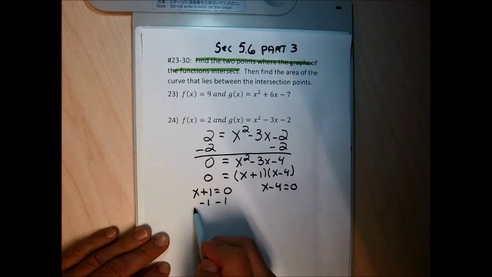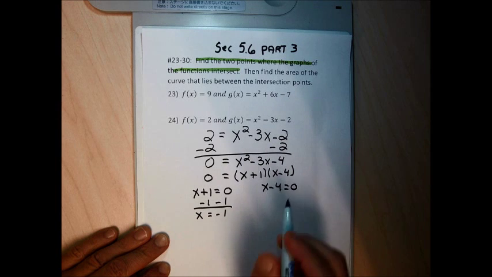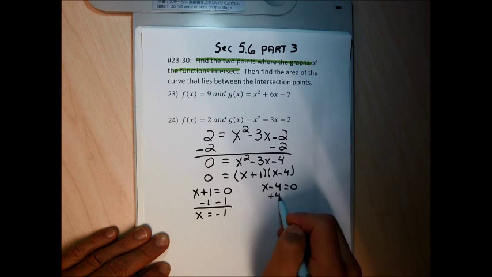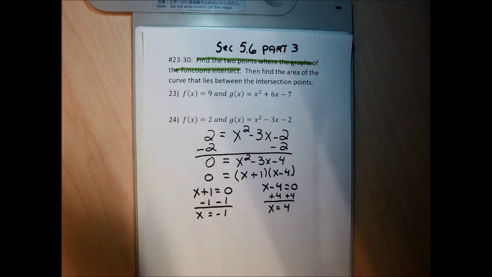For the x plus 1 equal to 0, I subtract 1 from both sides and get x equal to negative 1 as one of the values of x where these two graphs are going to intersect. And when you set the x minus 4 equal to 0 and add 4 to both sides, you get x equal to 4 for the second point where the graphs are going to intersect.